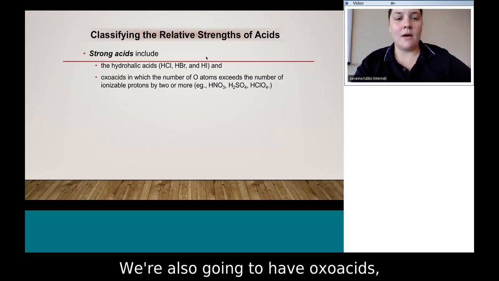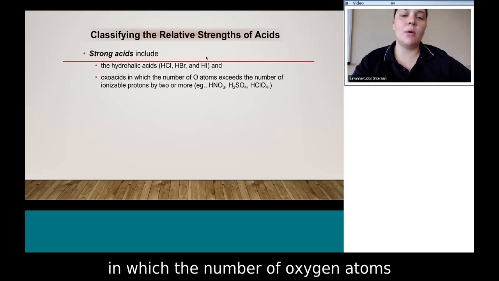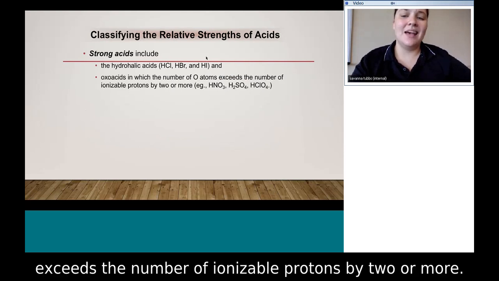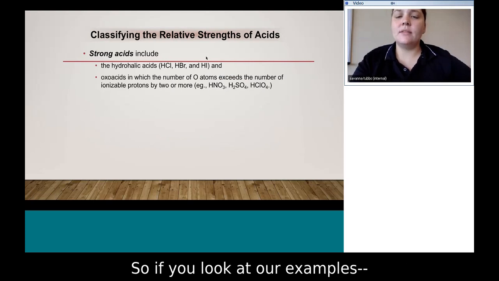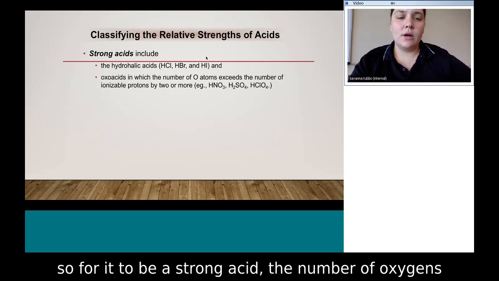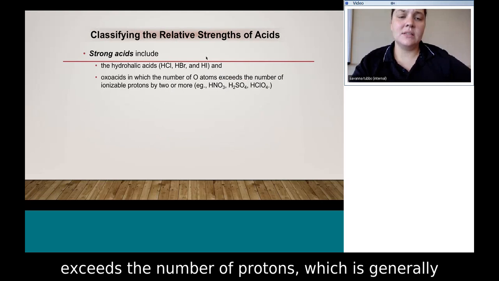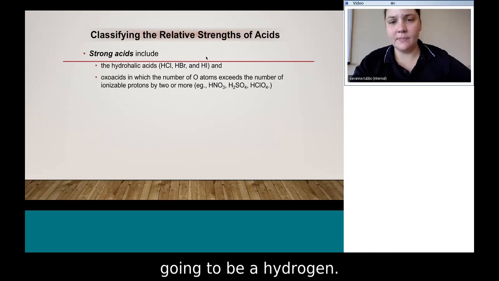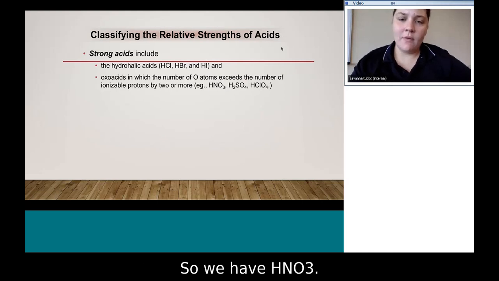We're also going to have oxoacids in which the number of oxygen atoms exceeds the number of ionizable protons by 2 or more. For it to be a strong acid, the number of oxygens exceeds the number of protons, which is generally a hydrogen. So we have HNO3.